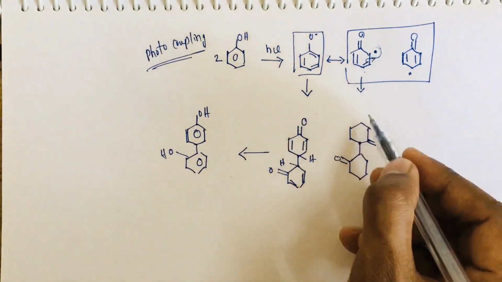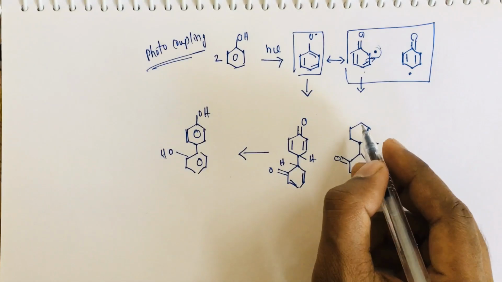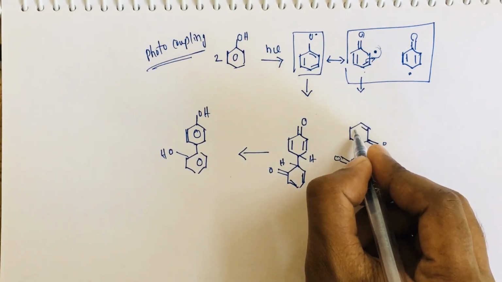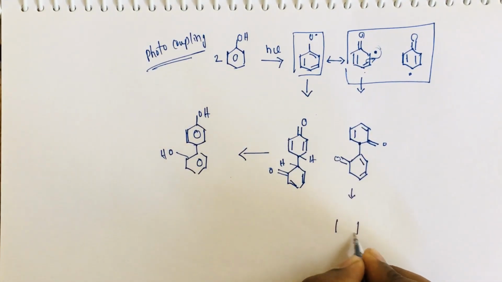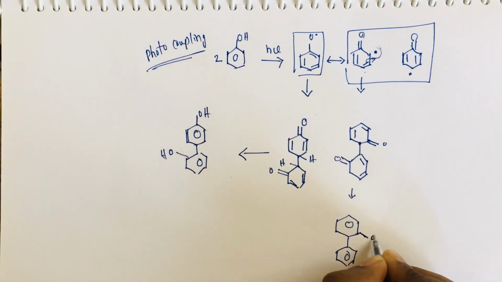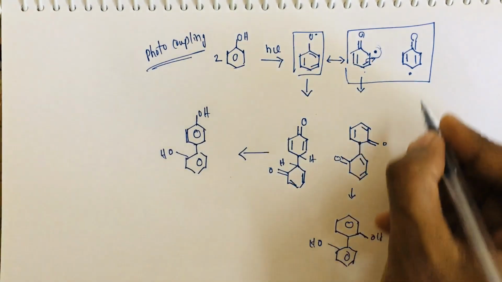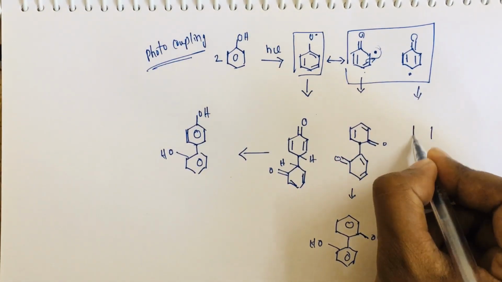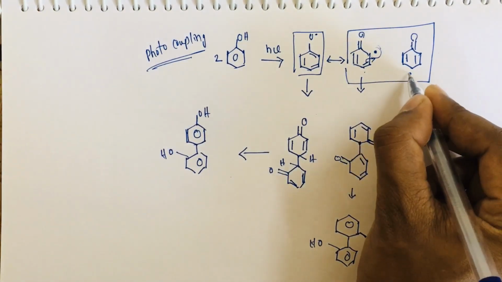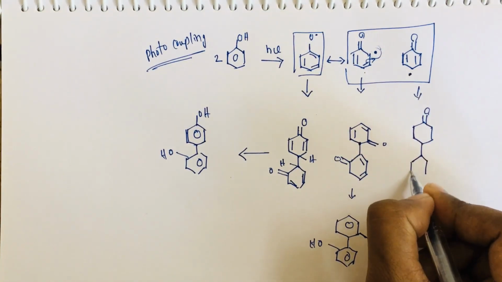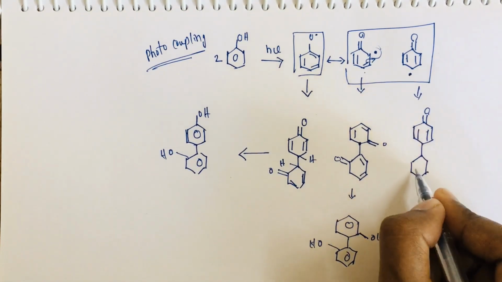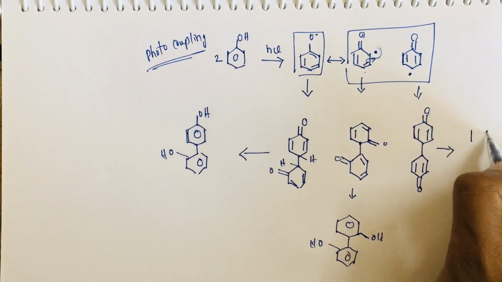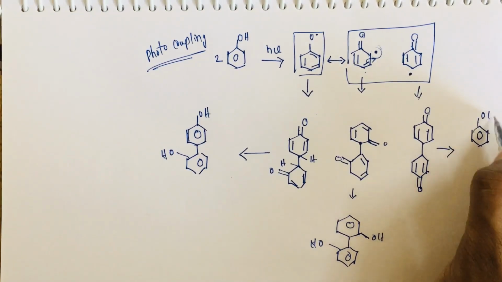When it is getting coupled there is formation of a bond like this, and in order to get aromaticity this compound gets converted into like this, OH and OH. From here we have this compound, and another molecule's free radical comes and takes it just like this, and there are double bonds like this, and finally it converts into OH.